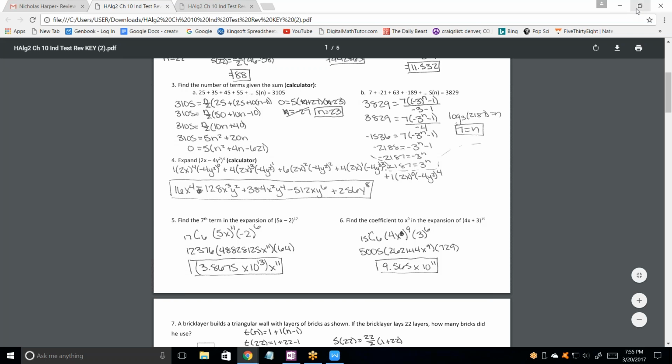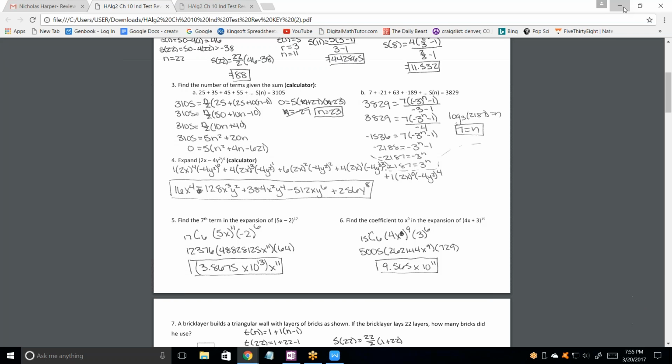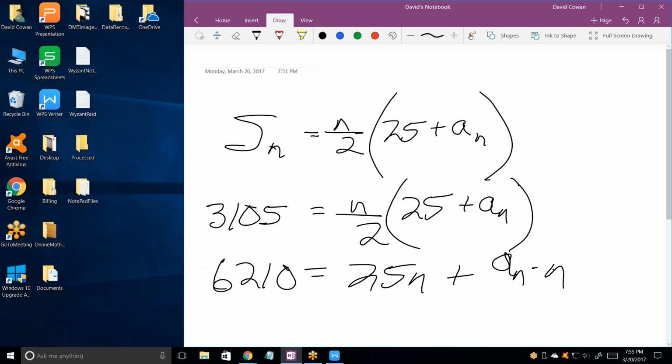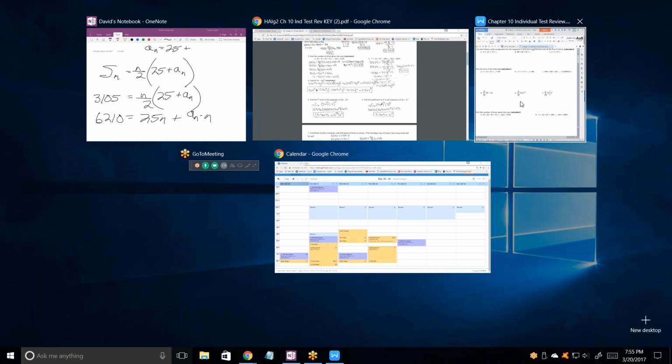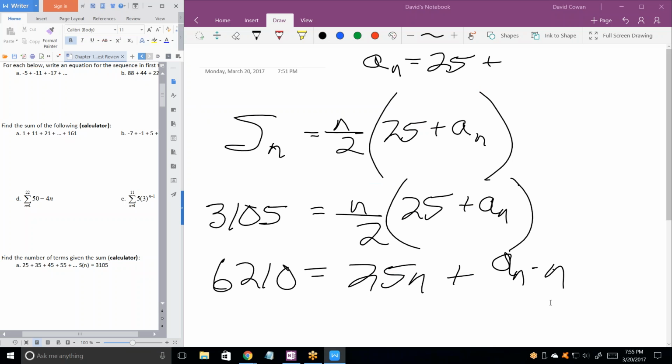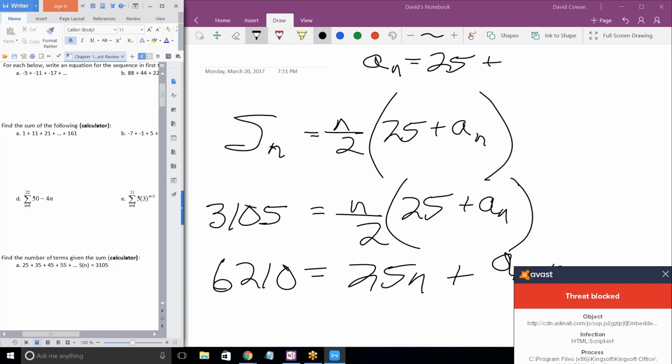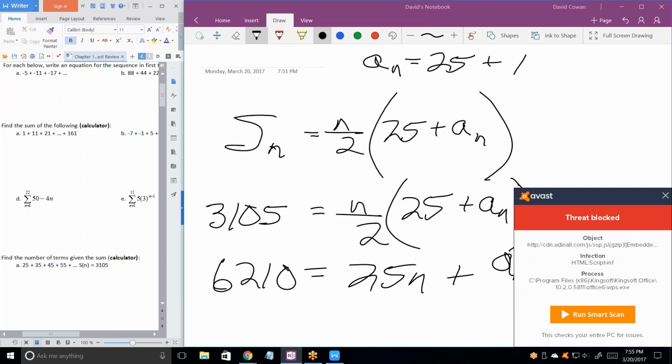Okay, now I get it. Yeah, she does mean a sub n, and a sub n is equal to the first term plus our common difference here, if I pull it back up. Our common difference is 10.